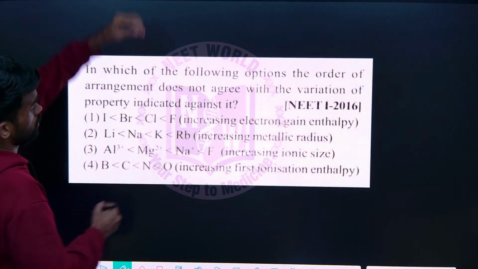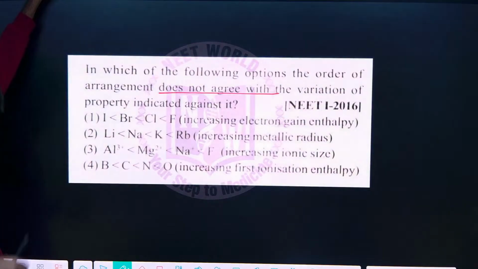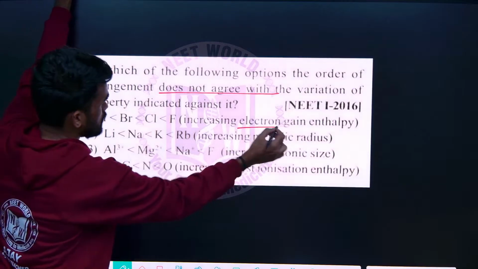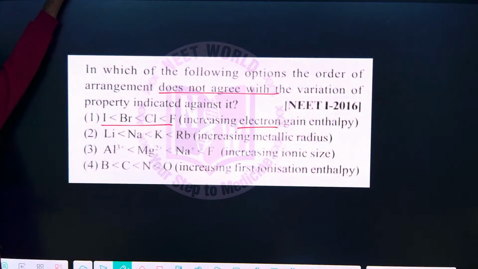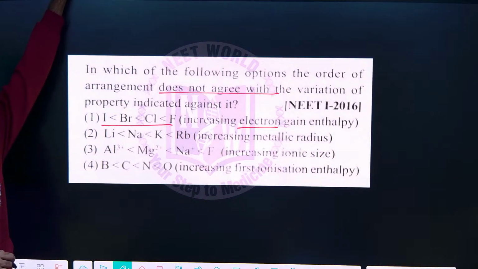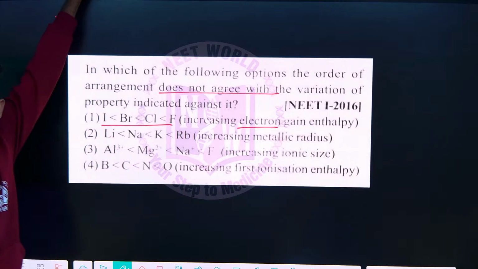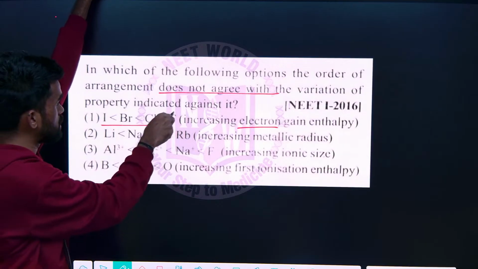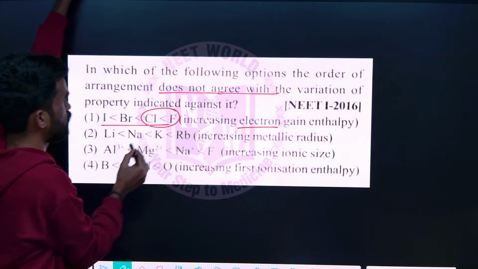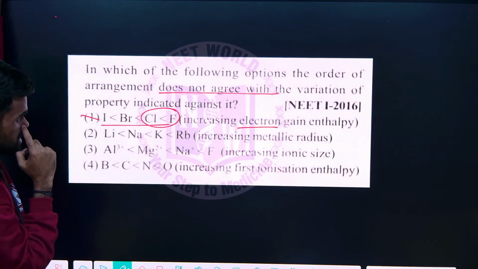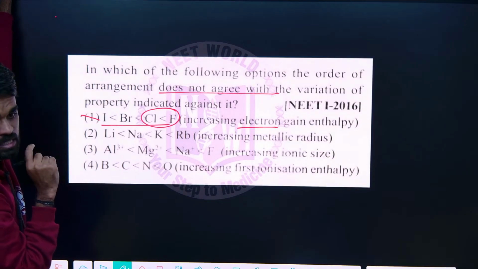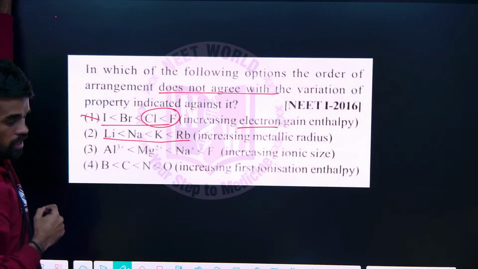Which of the following does not agree with the variation of the property mentioned in the bracket? So electron gain enthalpy, is this correct? Which is more, fluorine or chlorine? What is the order of electron gain enthalpy we discussed? Chlorine is greater than fluorine. But here this is wrong, so the first option is not correct. Next, check the other options also. Increasing metallic radius: down the group, what happens to the size? So this is correct.